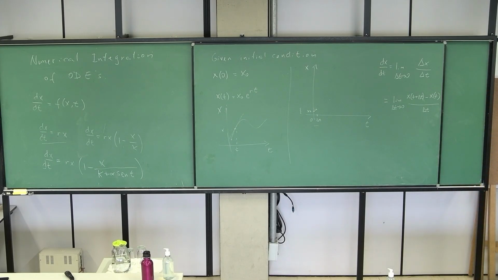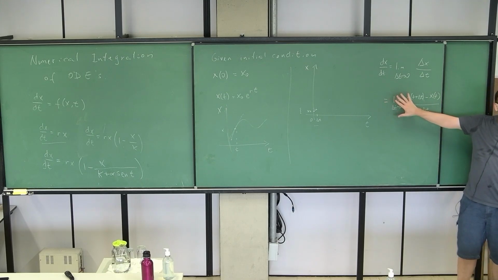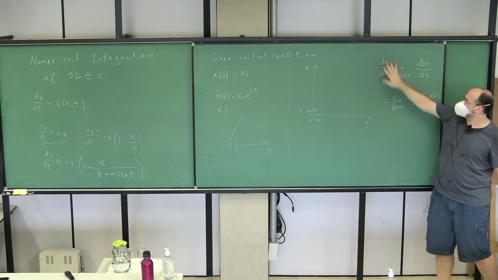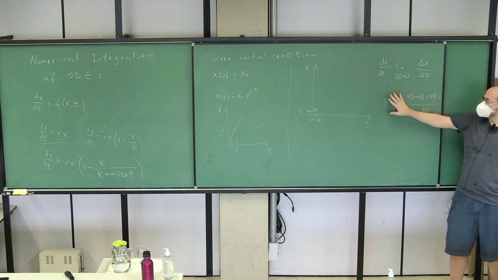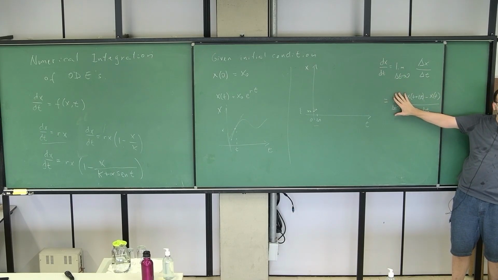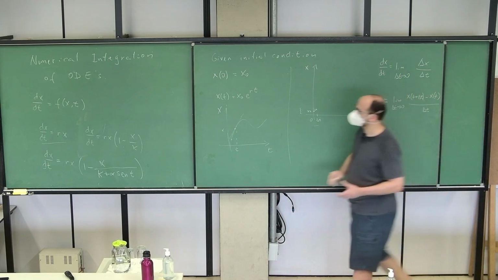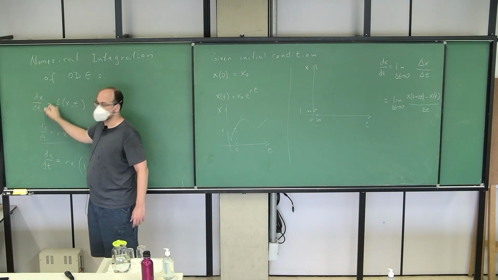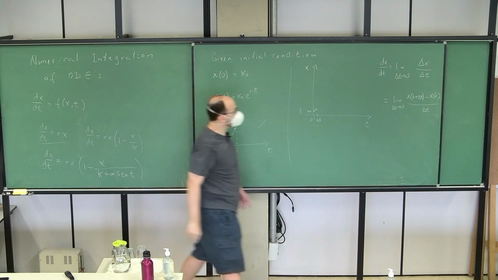So what I can do is something very simple: I forget this limit for a moment, and I treat the derivative not as a derivative but as a finite difference. Then I rewrite this equation, changing the derivative for the finite difference.